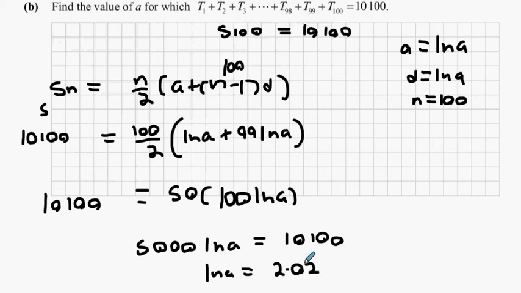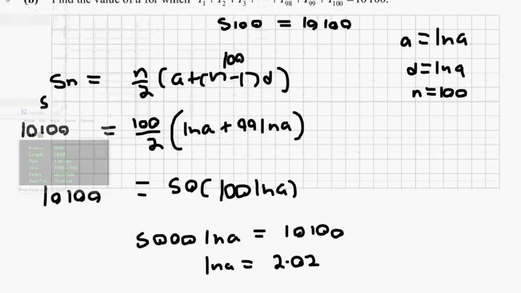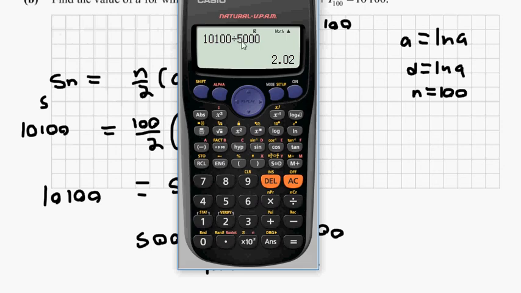Now, what value of A does this? Pause. So I got ln A plus 99 ln A, 50 ln A, 10,100 divided by 5,000, 2.02, no matter.